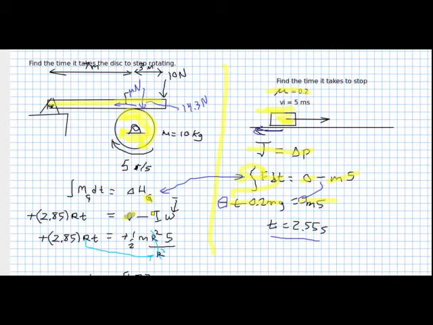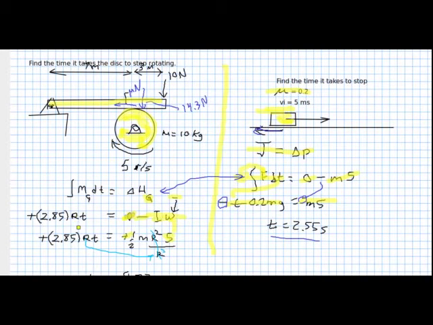So we take the final angular momentum, subtract off the initial angular momentum. Note, though, that in my problem, the omega is negative. That 5 radians per second is rotating clockwise, which is negative, so in the negative k-hat direction. But the negative there and the negative there combine to make a positive sign. The moment of inertia of a disk is 1/2 mr squared. And finally, for omega, we just plug in 5 radians per second.